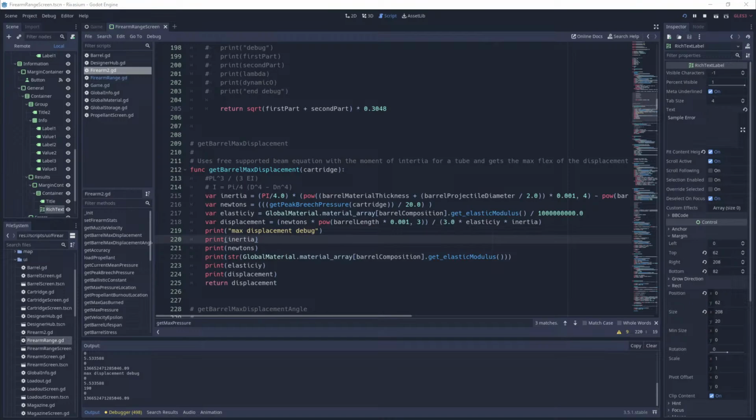So we have a lot more stiffness. This is supposed to be good for us.